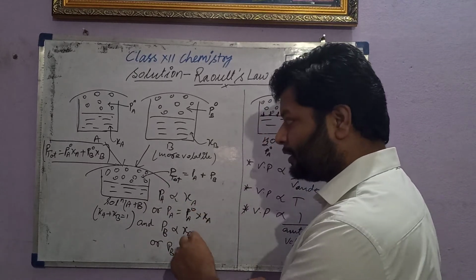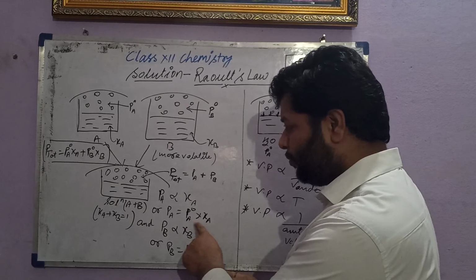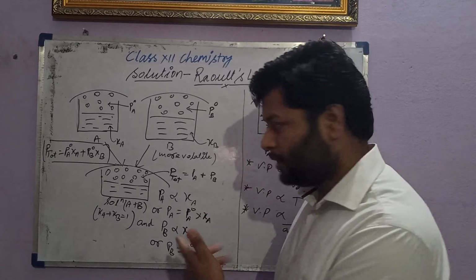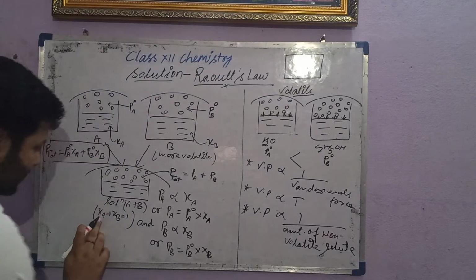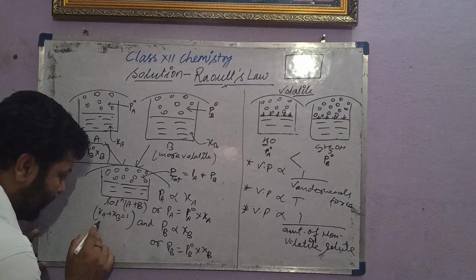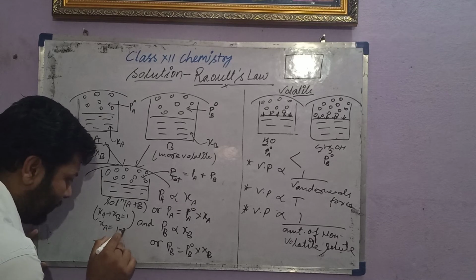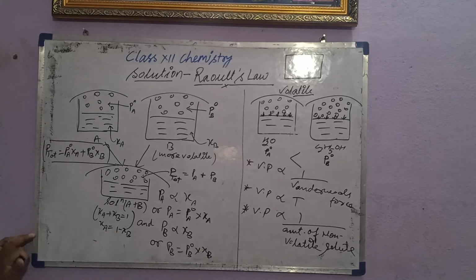So I am just substituting the mole fraction of A by B. How? If XA plus XB equal to 1, then you can write XA equal to 1 minus XB.